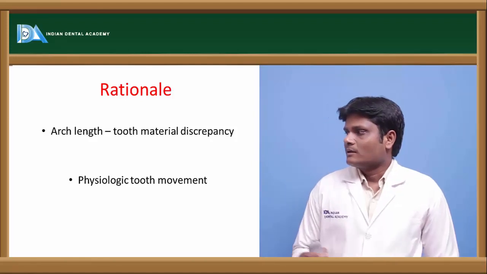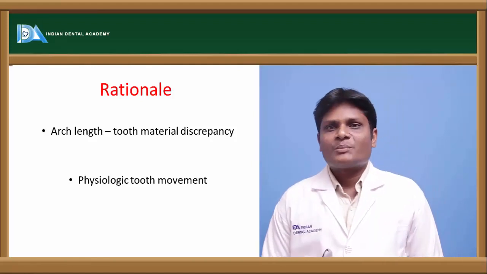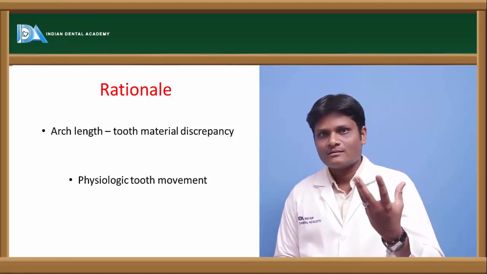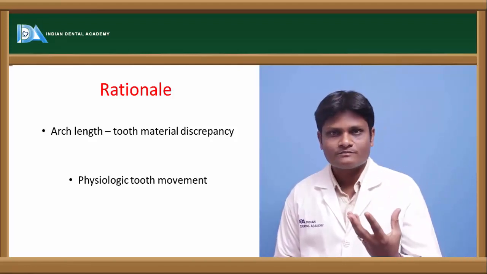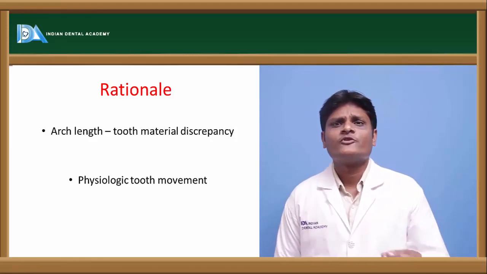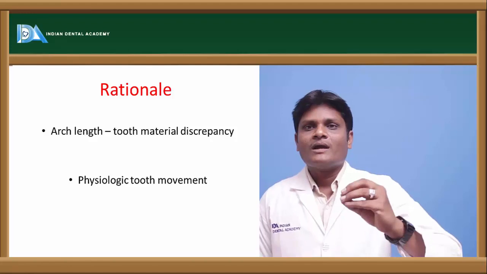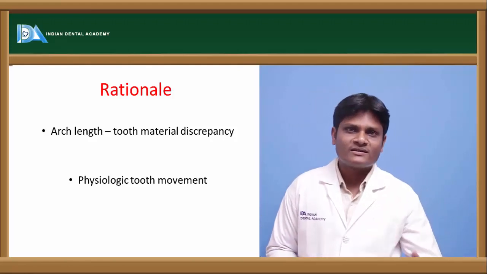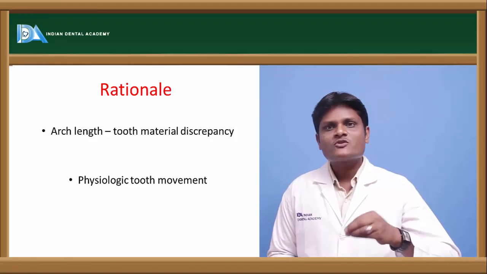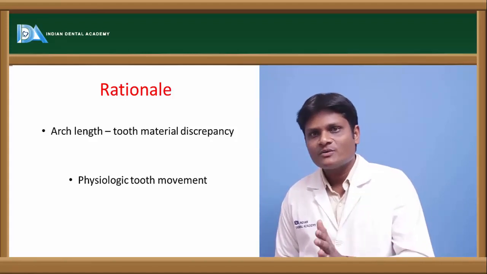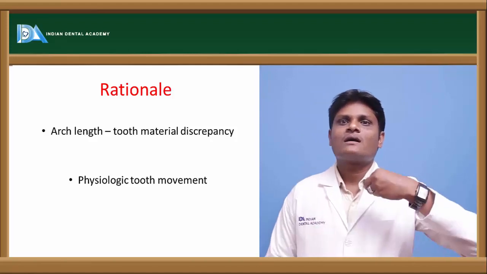Now, the next supporting concept behind serial extraction is, as I told you, we are extracting the deciduous teeth, say a deciduous molar. There is something called physiologic tooth movement. That means every tooth in the dental arch, either maxillary or mandibular, tends to move constantly to make contact with its adjacent tooth and also with its opponent tooth.